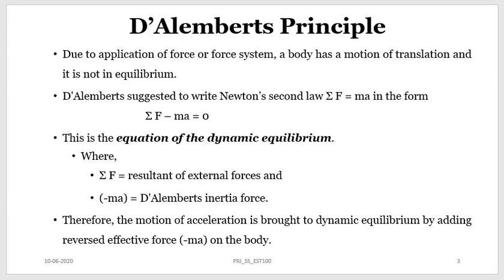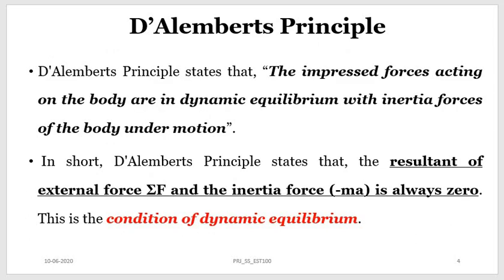Based on this concept, the definition of D'Alembert's principle can be explained as follows. According to D'Alembert's principle, the impressed forces acting on the body are in dynamic equilibrium with the inertia force of the body under motion. There are different definitions for this principle.